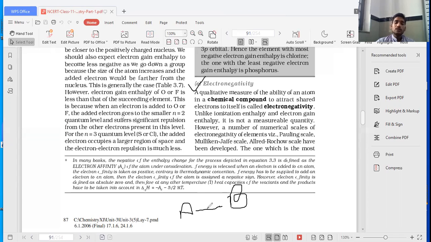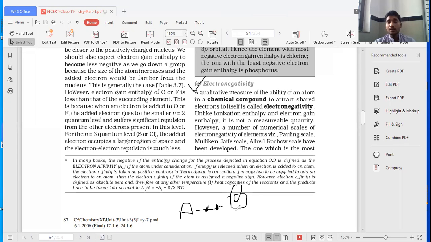You all know from class 10th basics that a covalent bond is always formed by the sharing of two electrons, out of which one electron originally belongs to atom A and the other electron originally belongs to atom B, right? So technically a covalent bond says that this electron pair should be equidistant from both the nuclei of atom A and atom B, right?